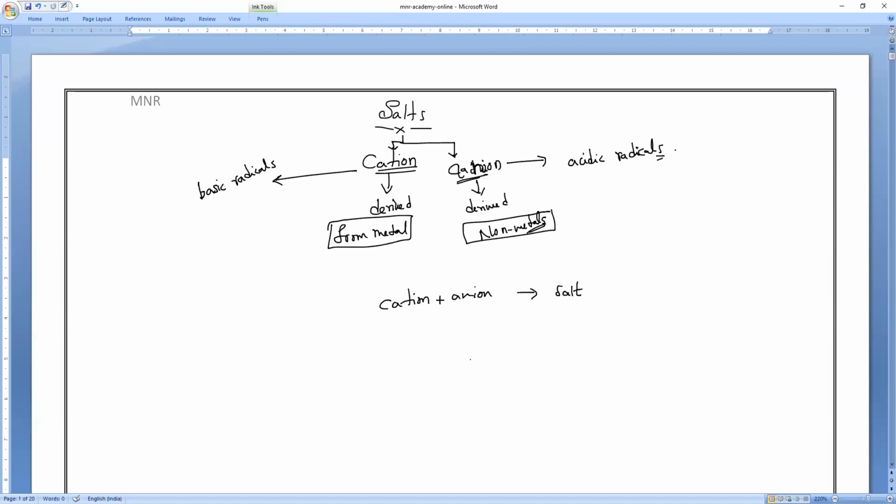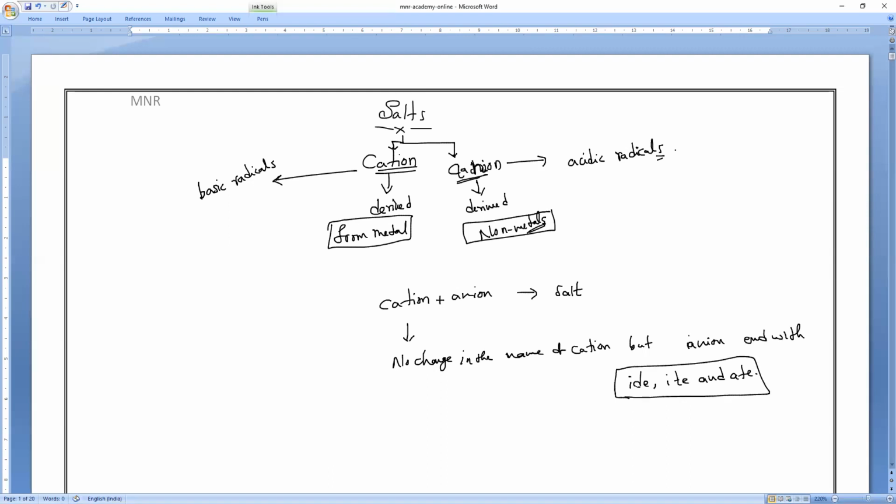Remember, there is no change in the name of the cation, but the anion name changes. Anion names end with three things: IDE, ITE and ATE. That is what you have to remember. I think till here we have discussed it. Am I correct, all of you?